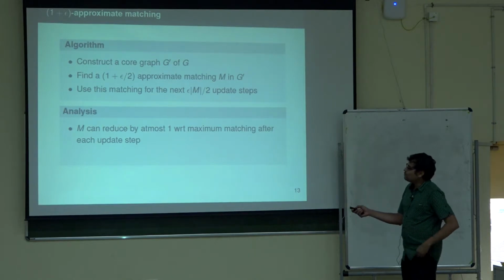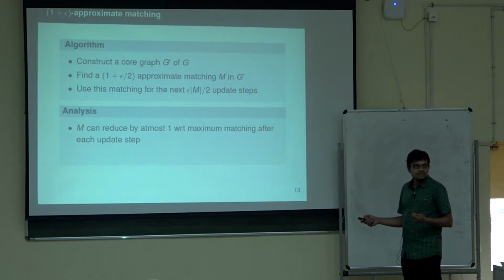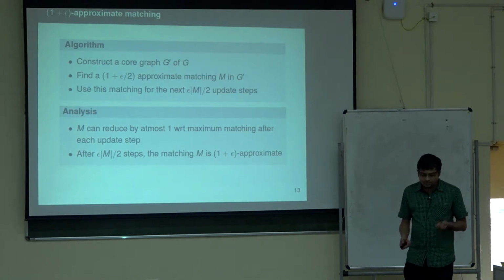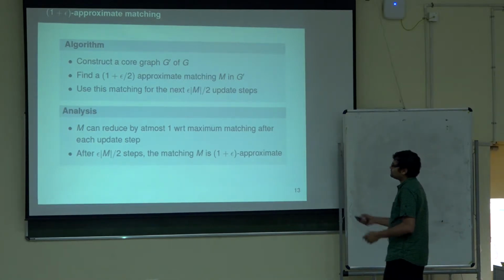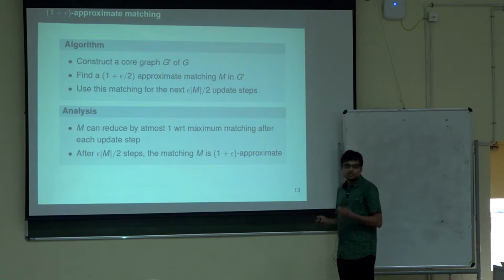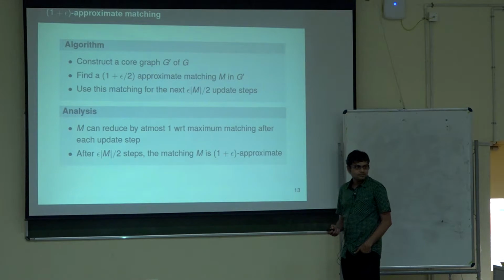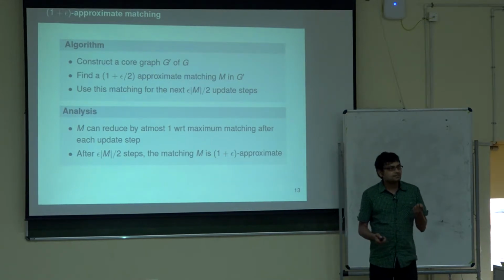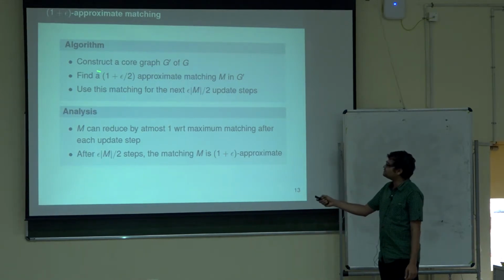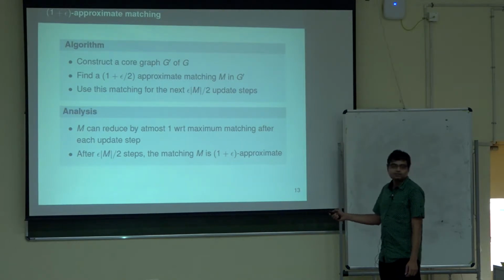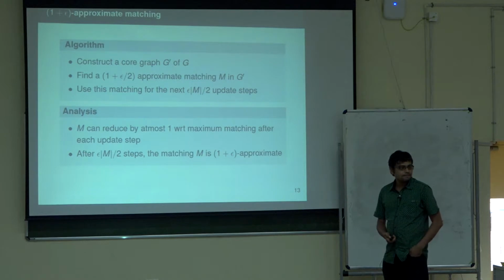So your matching falls behind the maximum matching by at most 1 at each update step. Which means that even after epsilon m/2 update steps, these update steps for which you are doing nothing, the matching is (1 + epsilon) approximate. So you started with a very good matching, which was (1 + epsilon/2) approximate, but after these many update steps, it's still (1 + epsilon).